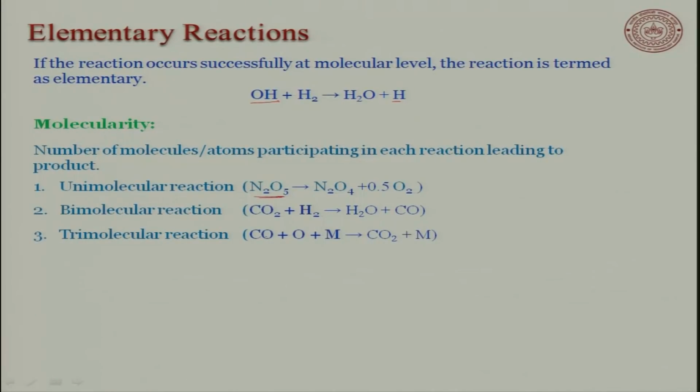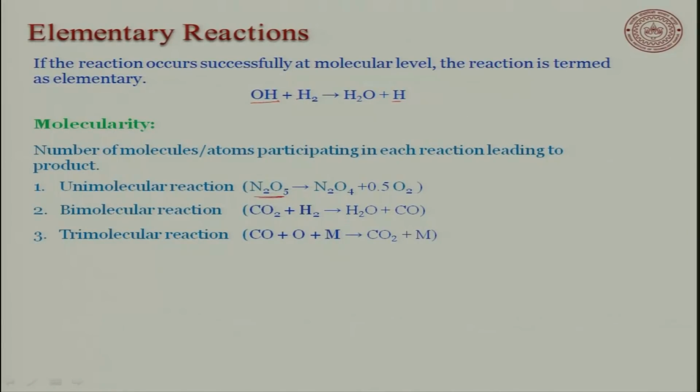In this case carbon monoxide reacts with O with a third body which is not participating, but without it the reaction may not occur, and that is CO2 plus M, right. And keep in mind that for an elementary reaction, like in this elementary reaction 2 molecules are reacting.